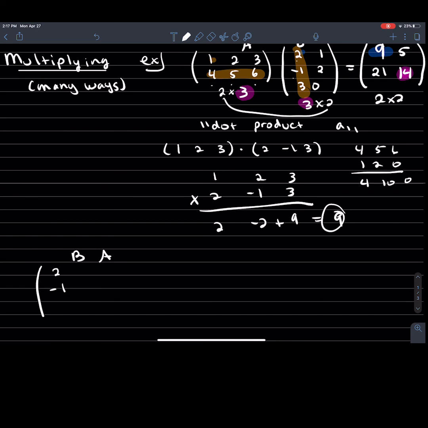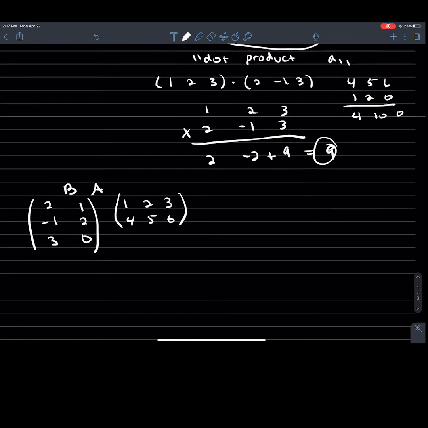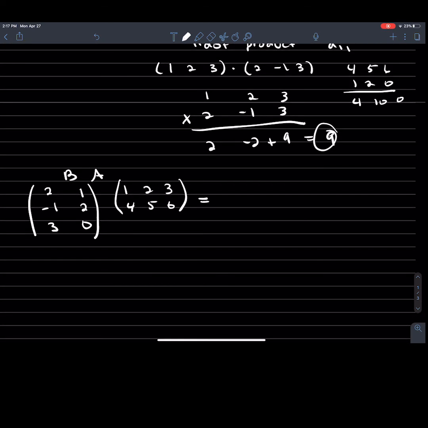B is 2, minus 1, 3, 1, 2, 0. My A is 1, 2, 3, 4, 5, 6. Before I go in, let's check what size matrix I'm going to get.